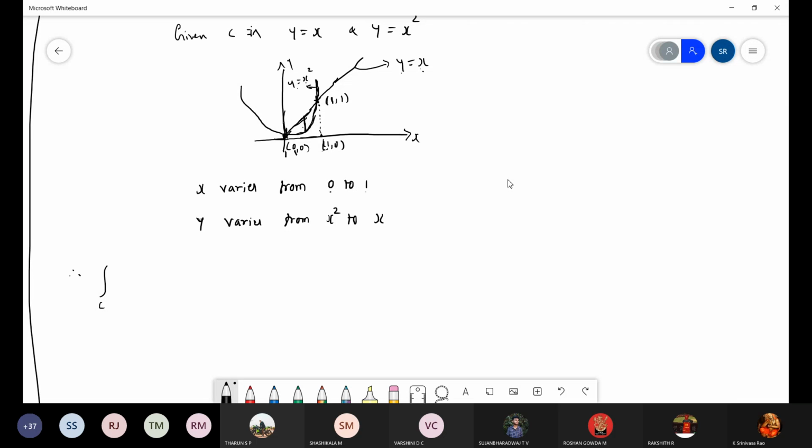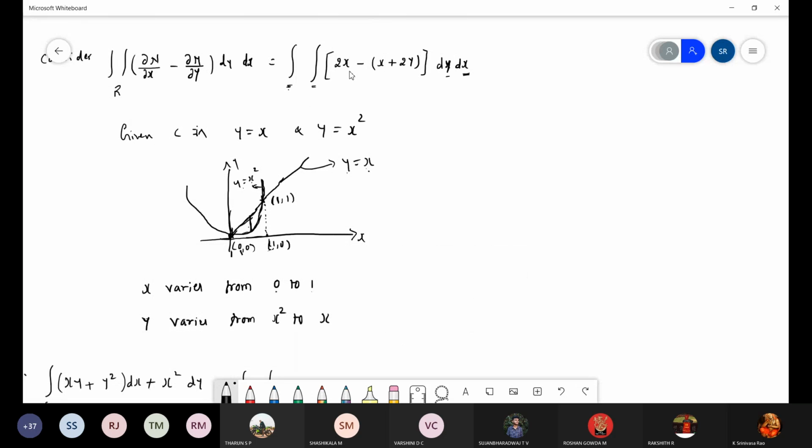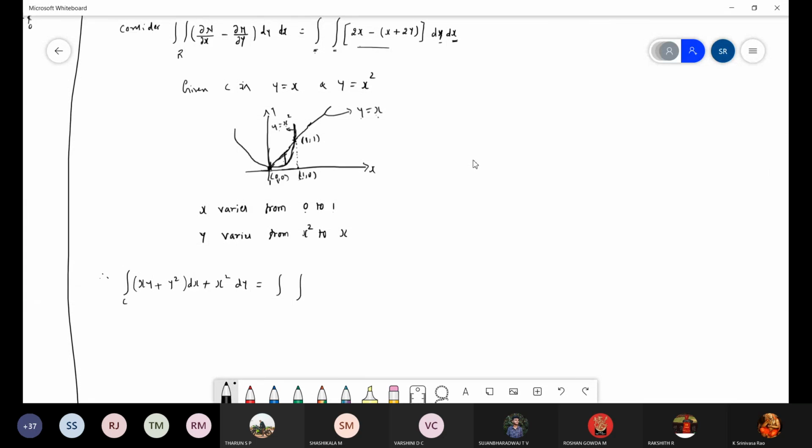Line integral of xy plus y square dx plus x square dy is equal to the double integral of, now you substitute here, 2x minus x, is x minus into plus is minus 2y, dy dx.